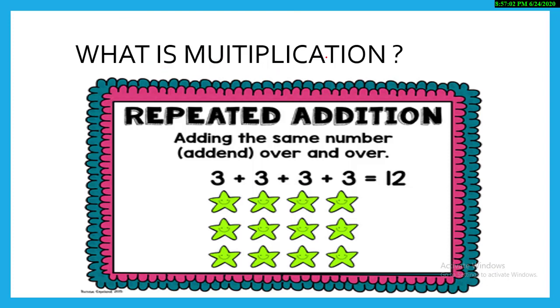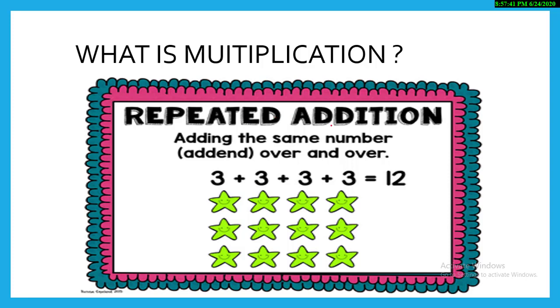What is multiplication? First of all, students, you are just going to learn one thing: what is multiplication. Multiplication has a special sign, a cross one. You might have an idea, or if not, I will explain what its sign is. But what is multiplication? You should know that multiplication is repeated addition. Repeated addition means when you repeat the addition of the same number again and again.